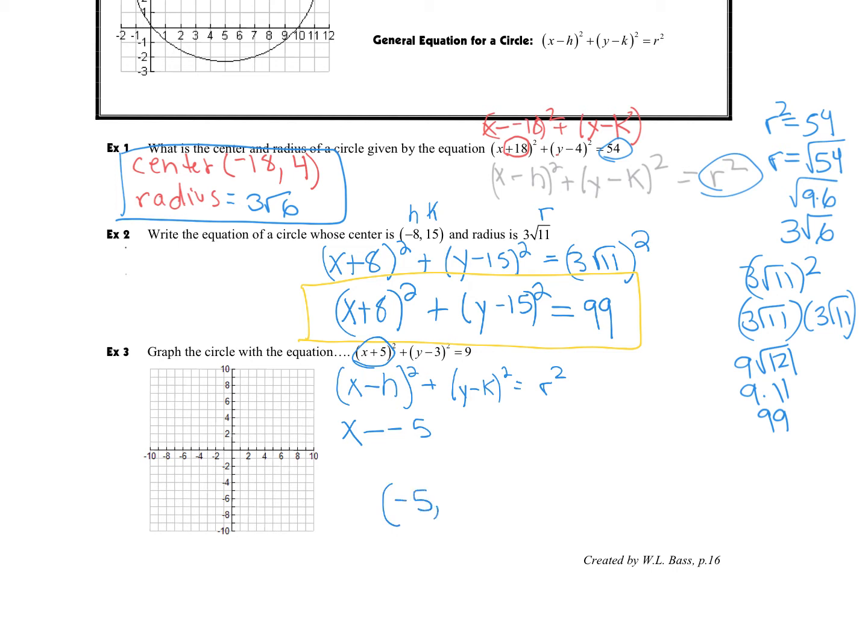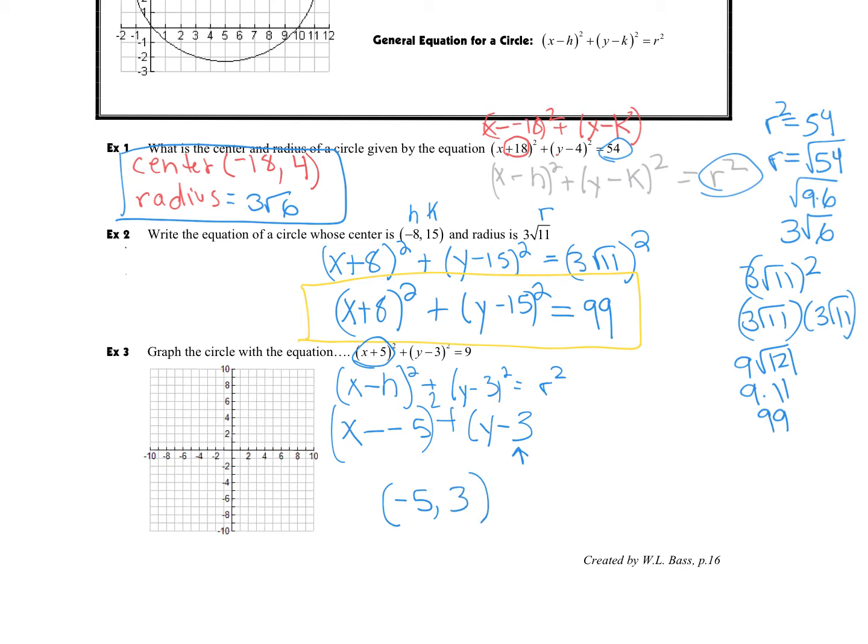If I look at the k value here, this is y minus 3. And so that tells me that the k value is 3.